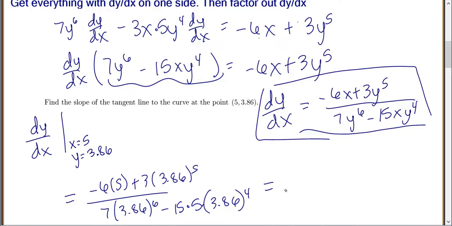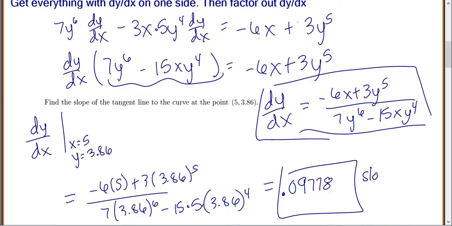I didn't double check, so hopefully I did it correctly the first time: 0.09778. So this is pretty cool. This is our actual slope at the point (5, 3.86). Even though we couldn't find the equation of y easily to graph it, we can still tell you what the slope would be at that one point.